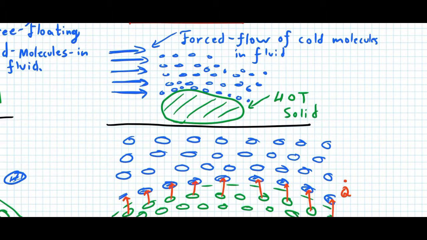In either case, these blue molecules are actually moving with some velocity, either in a turbulent flow or laminar flow. Let's just consider, for argument's sake, that it's all laminar flow. So all of these blue molecules are actually flowing over the hot green surface. And more of these blue molecules are in contact with the hot green surface and transferring heat.